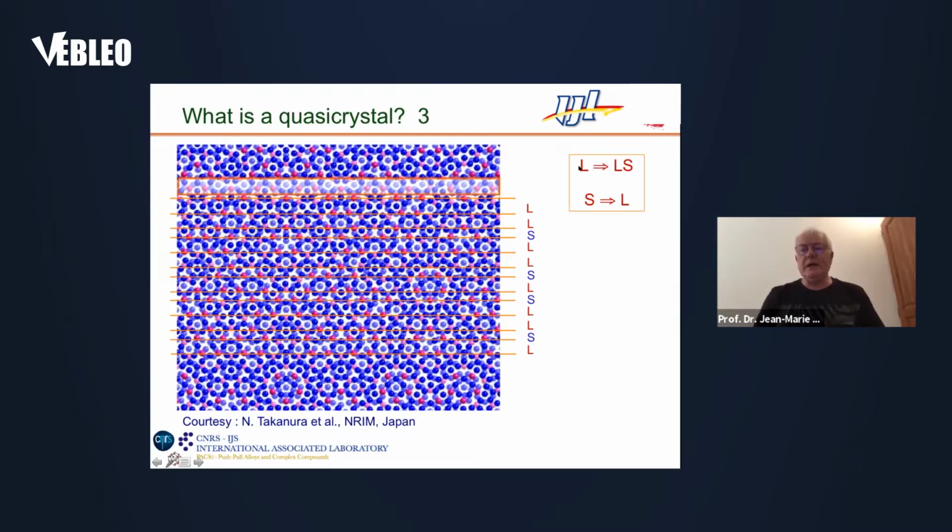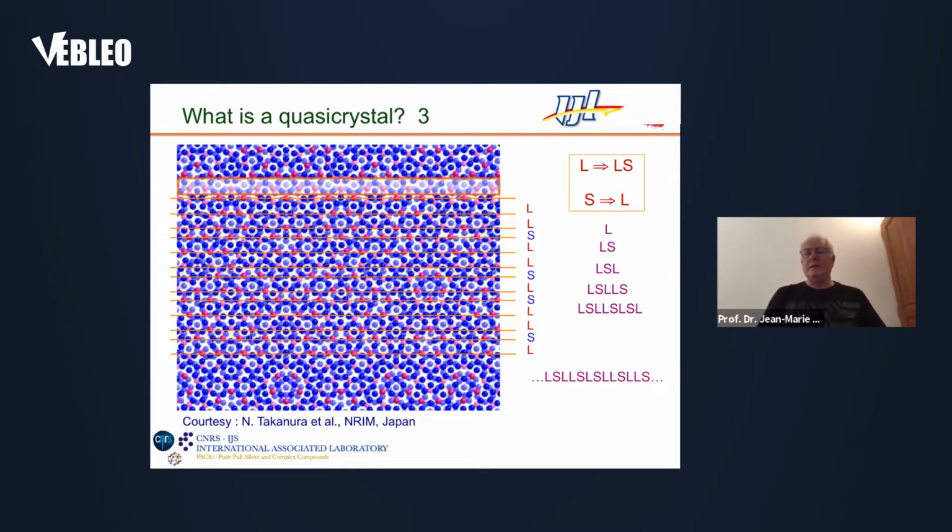If I play a simple game, I iteratively generate a sequence of L and S. At one stage, I replace L by LS and S by L, and one stage after the other. I see this sequence, which is formed with no disorder, no ambiguity.